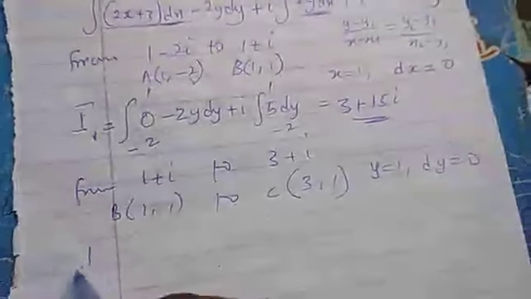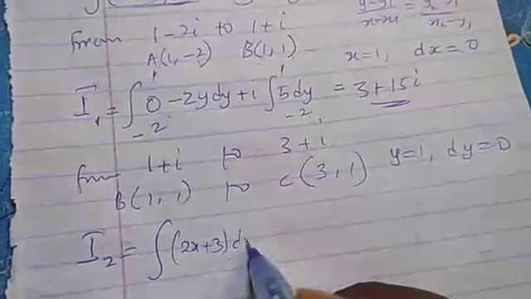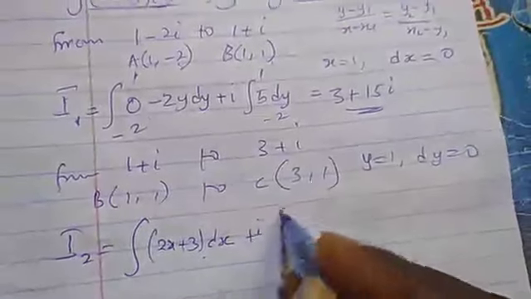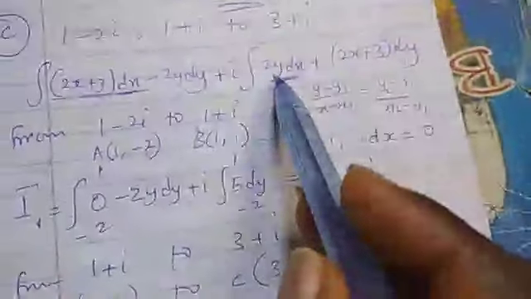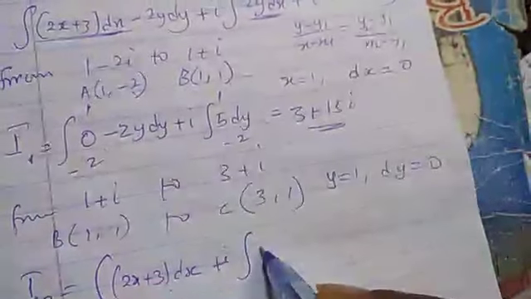So when we apply it here, our I2 will become 2x plus 3 dx. It will nullify this because dy is 0, plus i into 2y. Our y is 1, so that will just be 2 dx. The whole of this is 0 because dy is 0. Now, we have only dx left.